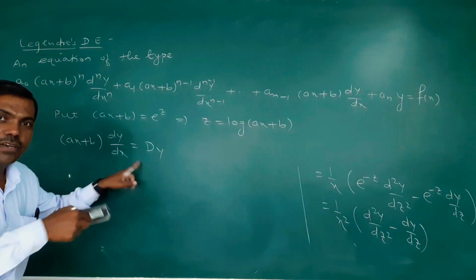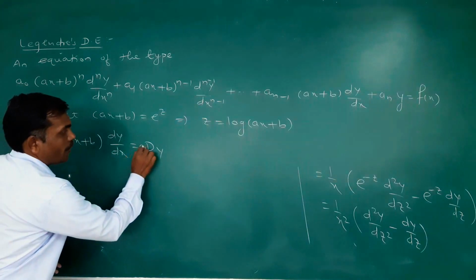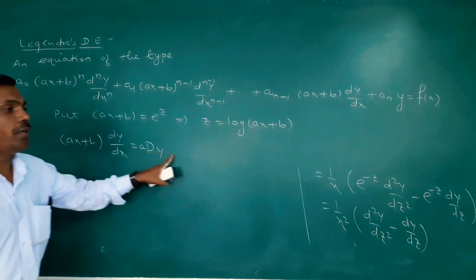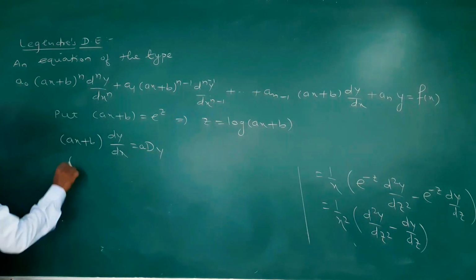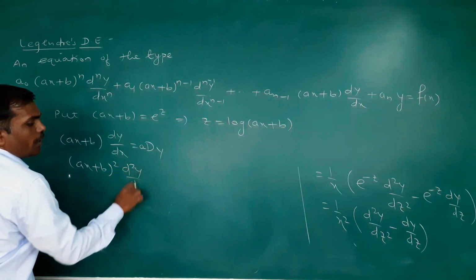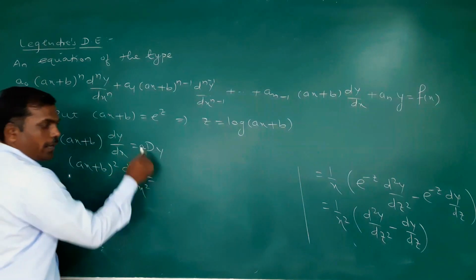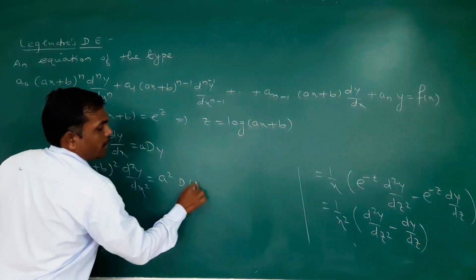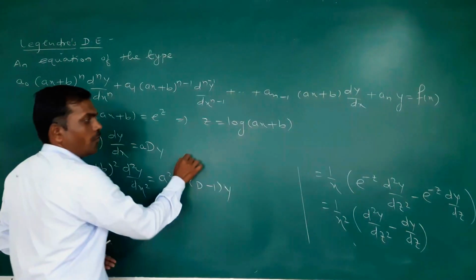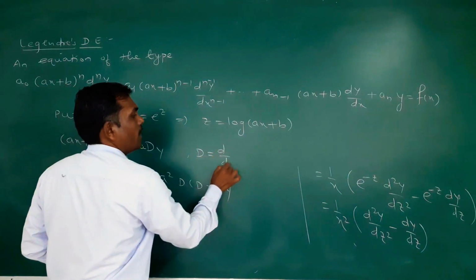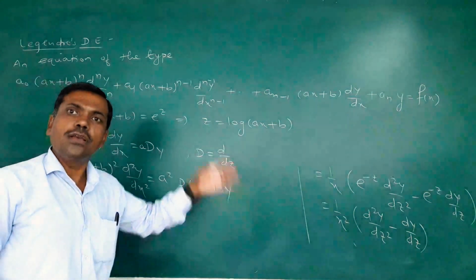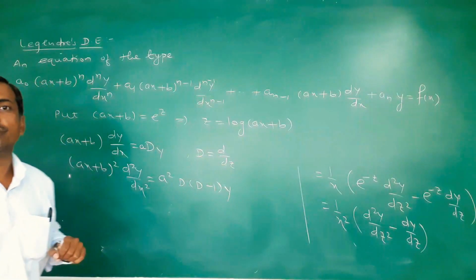Now what is the change here? I need a, because a is the derivative. So a D y. Next one, (ax plus b) square d2y by dx square is a square D into D minus 1 y. What is the value of capital D? The value of capital D is d by dz. So again we get the answer in terms of z, and we can back substitute these values.